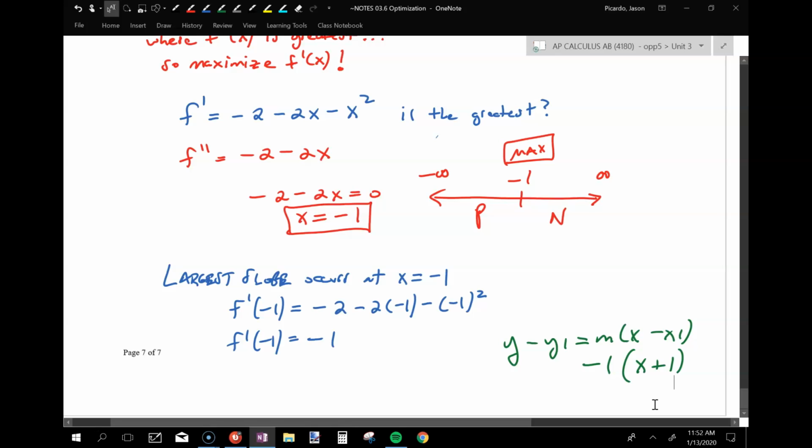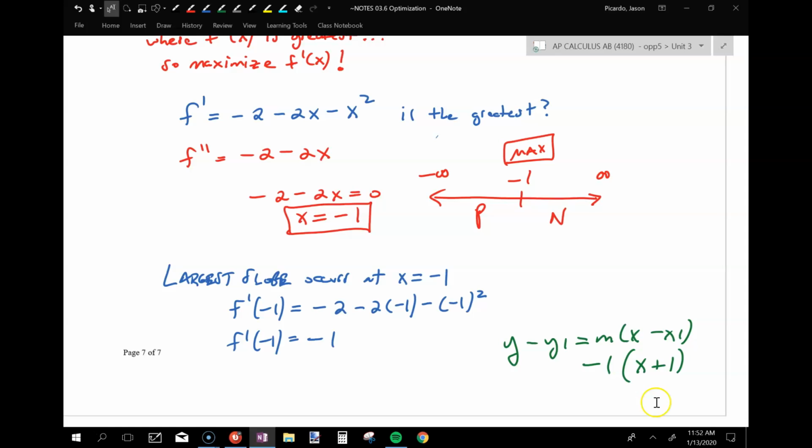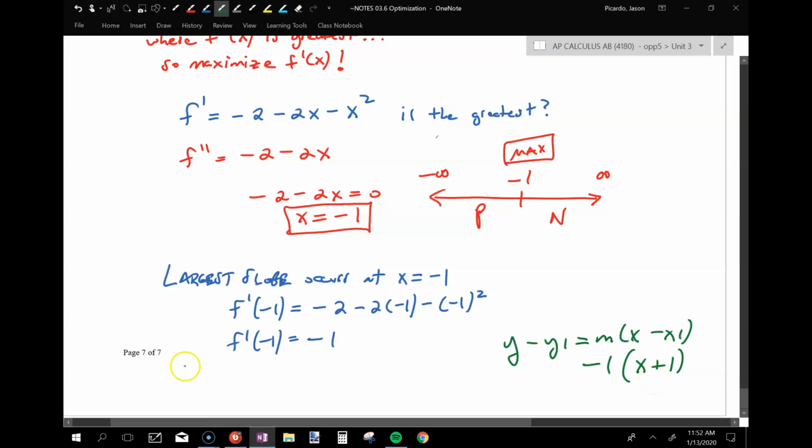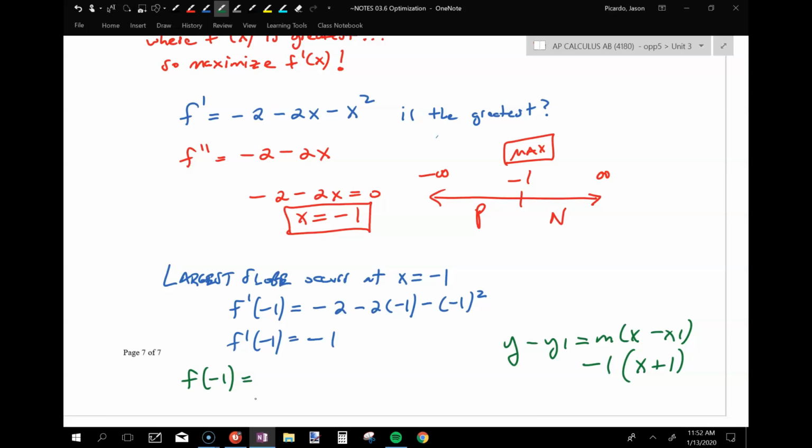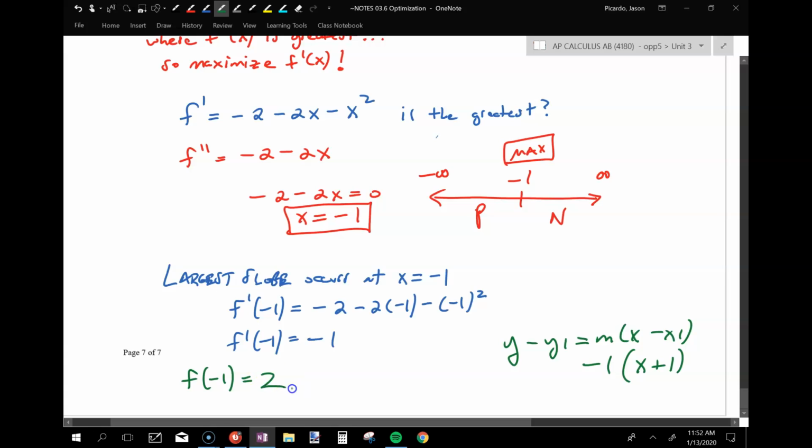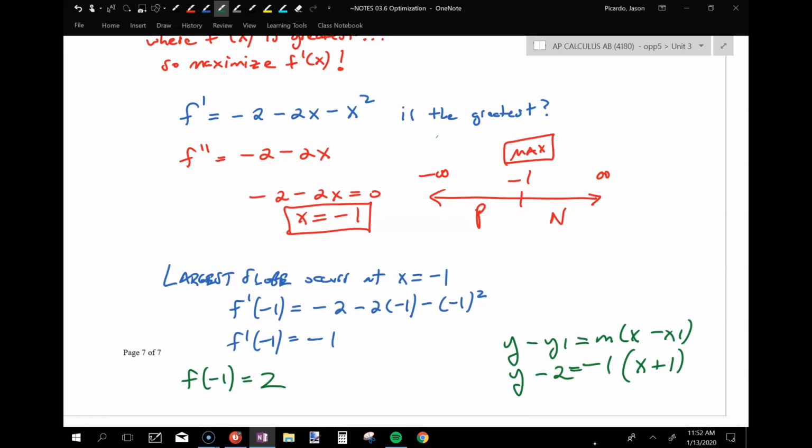So how do I figure that out? Take -1 and plug it into the original. And on the original, if you plug in -1, you get 2. And there's your solution.